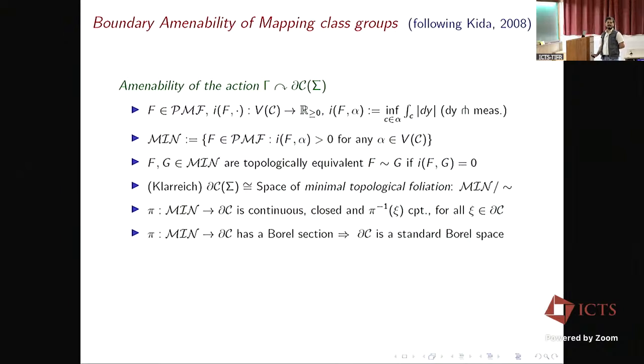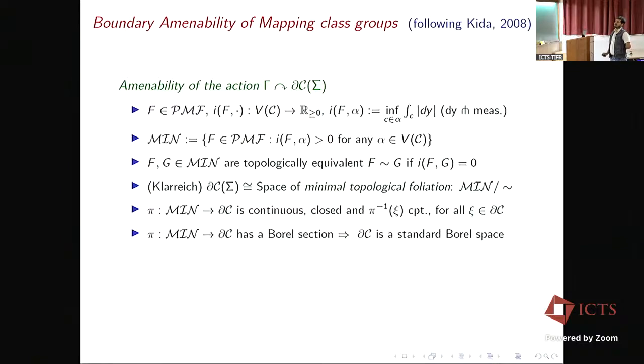I can extend it, also to MF cross MF. This is a transverse measure coming from the foliation. And this is the set of minimal foliations in this collection, where any element in the vertex set, that means any simple closed curve, will have a positive intersection with the element F. So this is the set of minimal measured foliations.